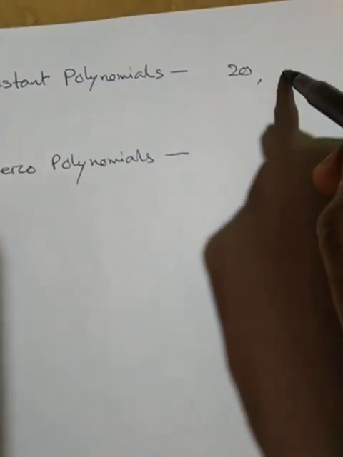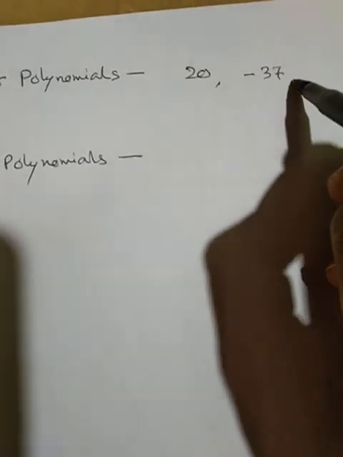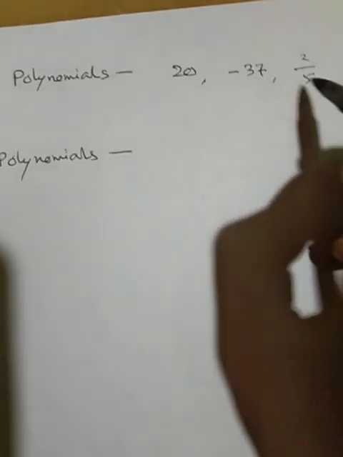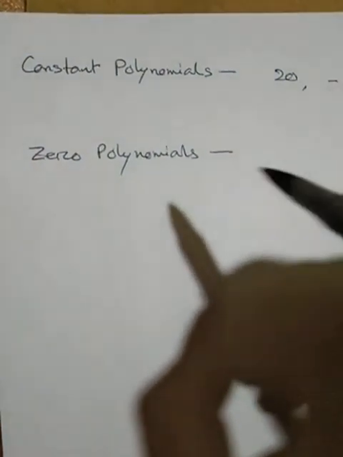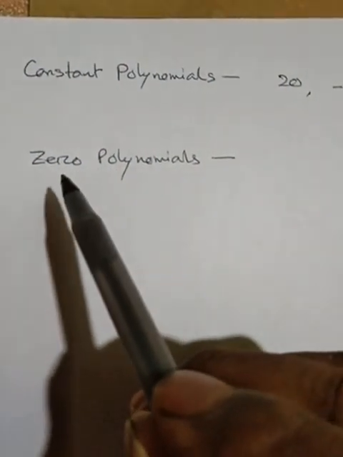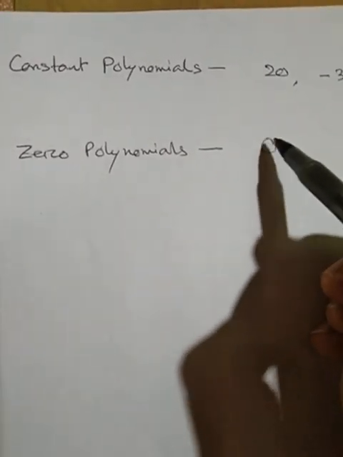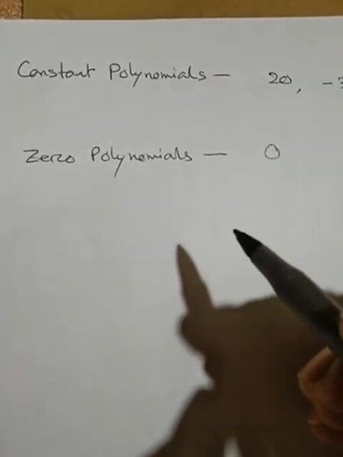Or maybe minus 37, or it can be a fraction also, 2 by 5. So these are all constant polynomials. Now next we have one more polynomial which is called the zero polynomial. The number 0 itself is called the zero polynomial.